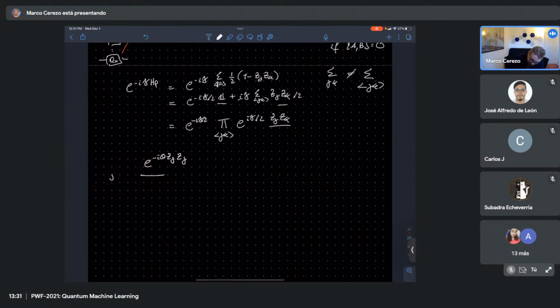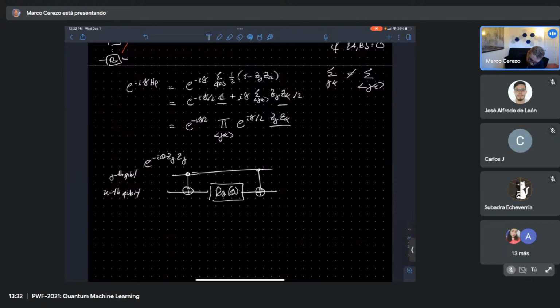Imagine that this is the jth qubit, and this is the kth qubit. All that we have to do here in the circuit is do a CNOT controlled by j going into k, and here we do a rotation about Z with an angle theta. And that's it. That's all that we need to do to implement those gates right here.